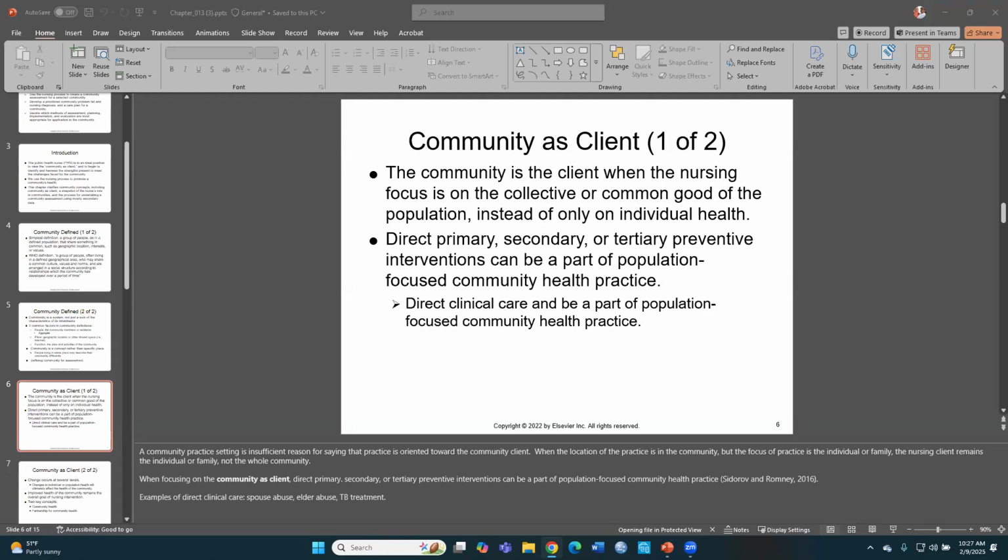So when we focus on the community as a client, we can apply direct primary, secondary, or tertiary interventions to be a part of that population-focused community health practice. And so the goal of these is to improve the health of the community as we do our assessment, our planning, and start our interventions. That is the primary goal, is to improve the health of the community.